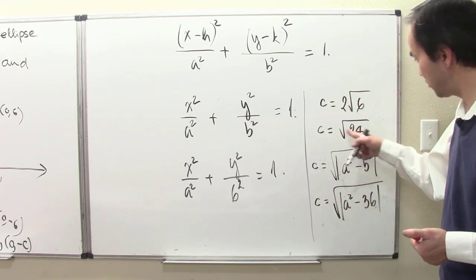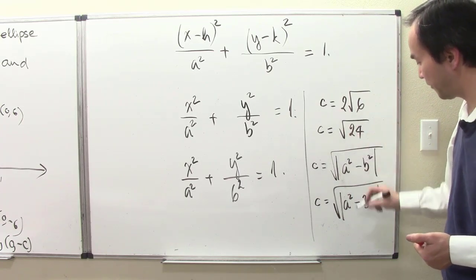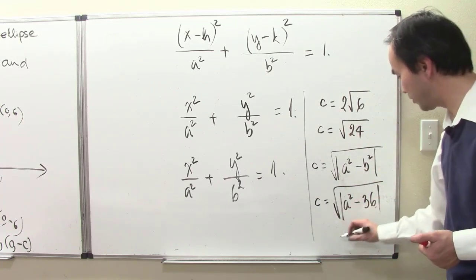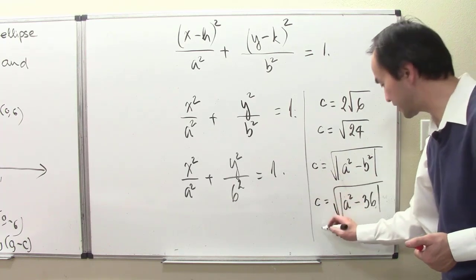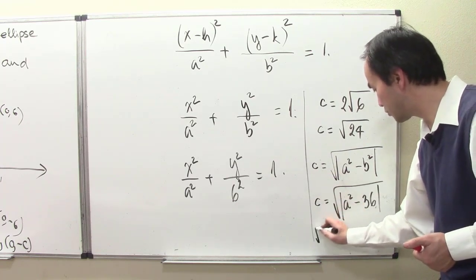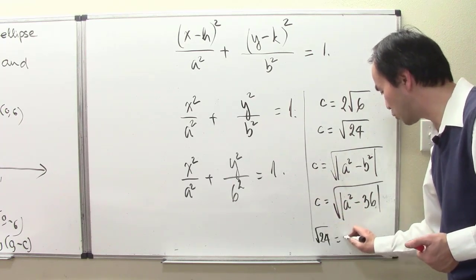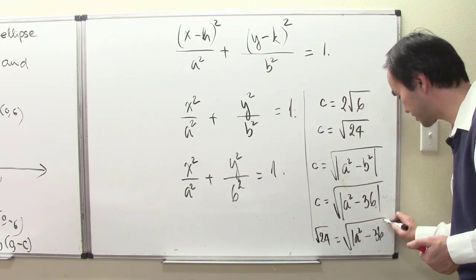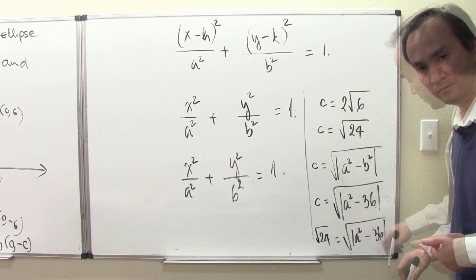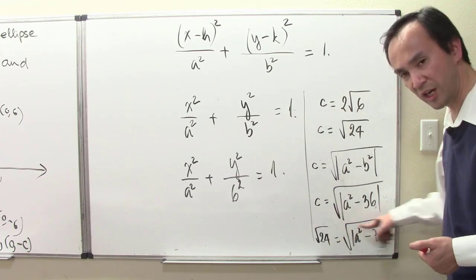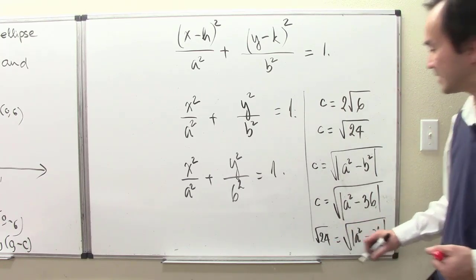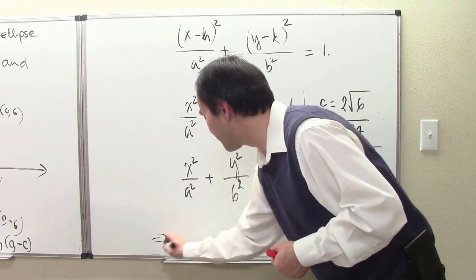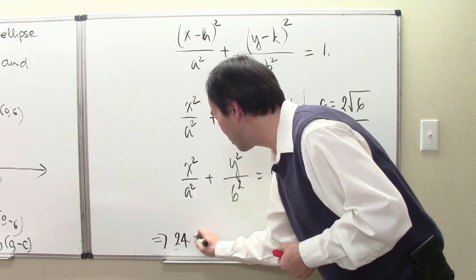But c was found to be square root of 24. So we can easily square both sides, and by the way, let's just write it as square root of 24 equals the square root of the absolute value of a squared minus 36. We can now square both sides of that equation, leading down to 24 equals the absolute value of a squared minus 36.